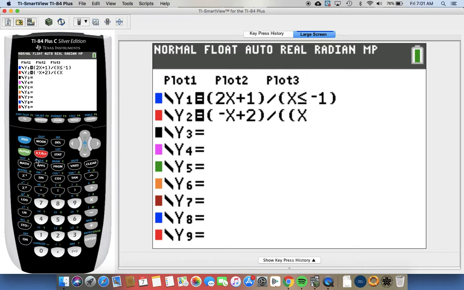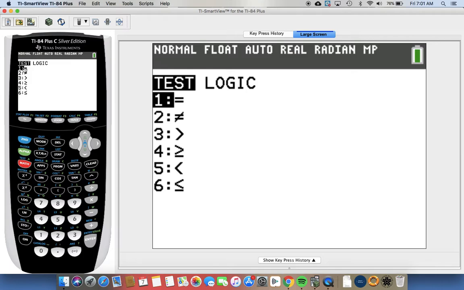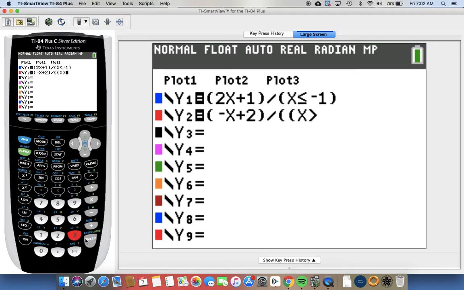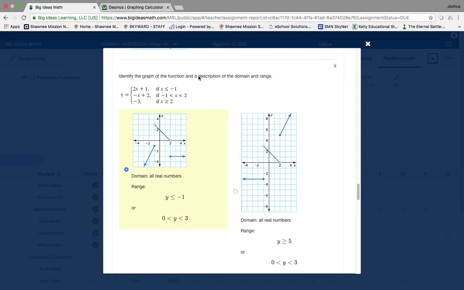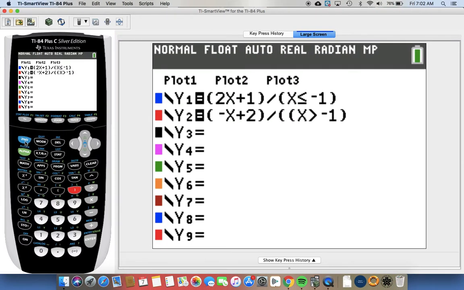To get the greater than sign, hit second math. Second math will give you all these different signs. For this one, we're going to use option 3. So x is greater than negative 1. Close my parentheses. And then to say and, because we're going to have to say x is greater than negative 1, and also x is less than 2 here. And is in the same menu.